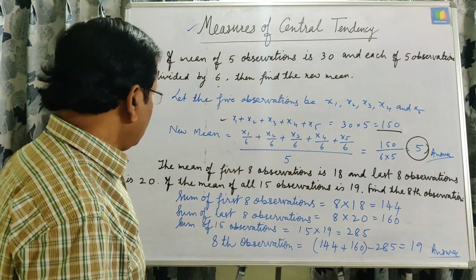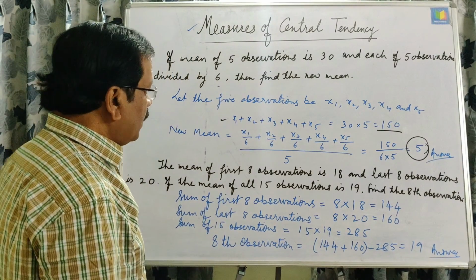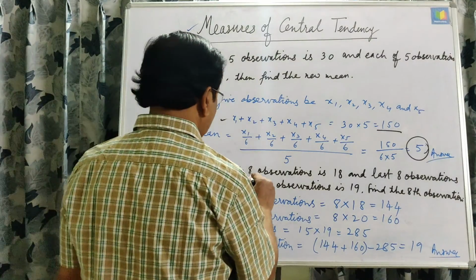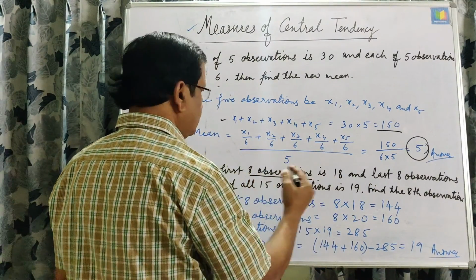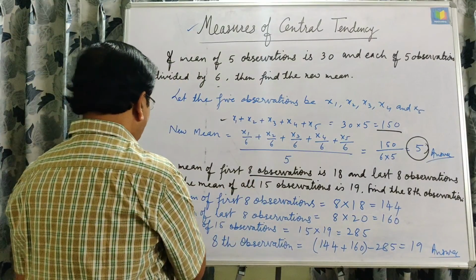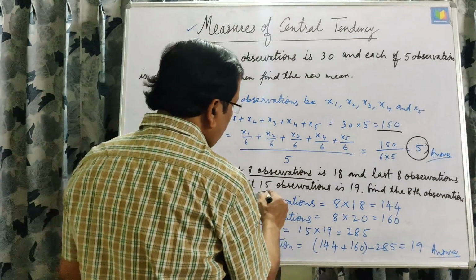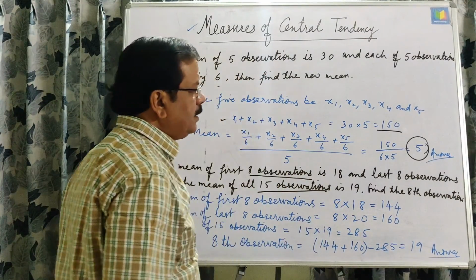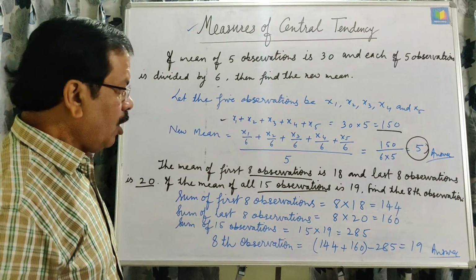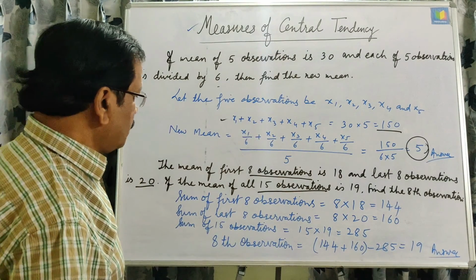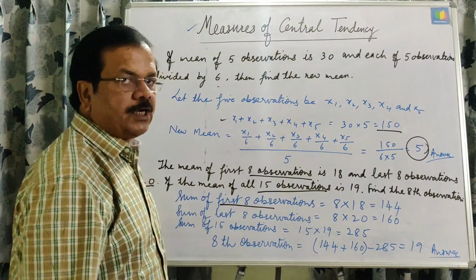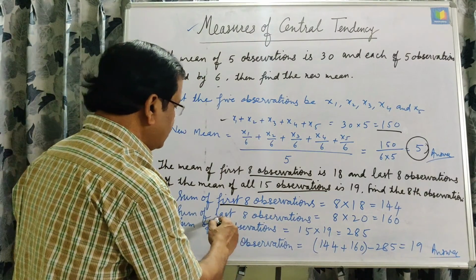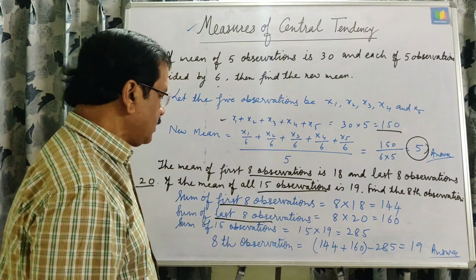Okay, and next question. The mean of the first 8 observations is 18 and of the last 8 observations is 20. If the mean of all 15 observations is 19, find the 8th observation. Now for this question, the sum of the first 8 observations we are getting 144, and the sum of the last 8 observations we are getting 160.